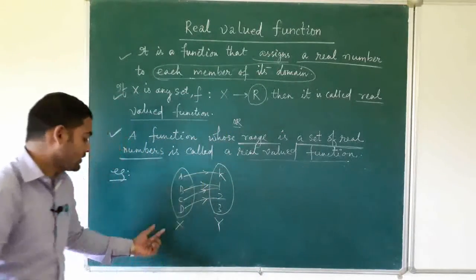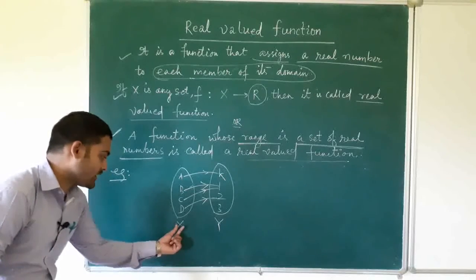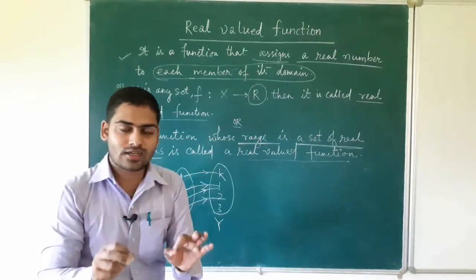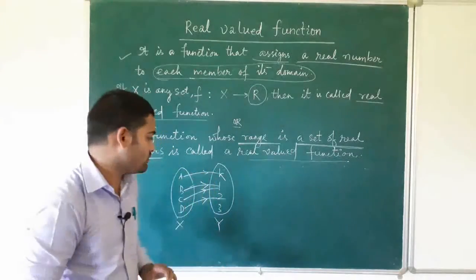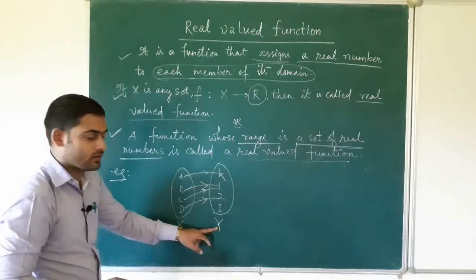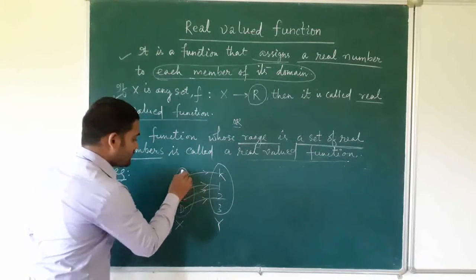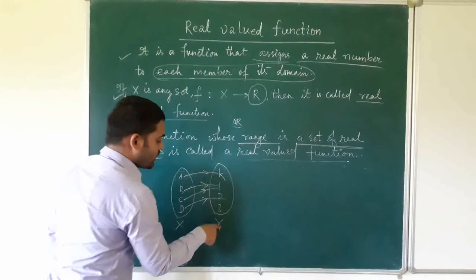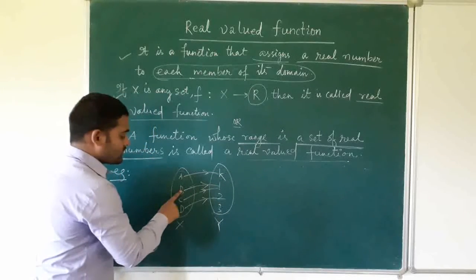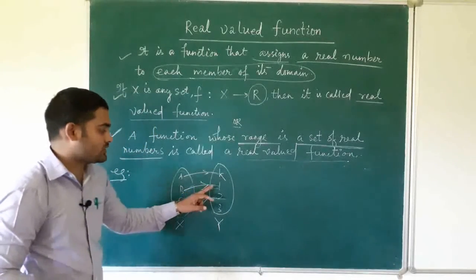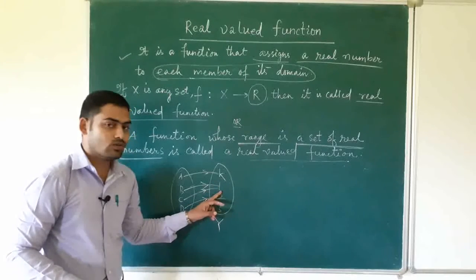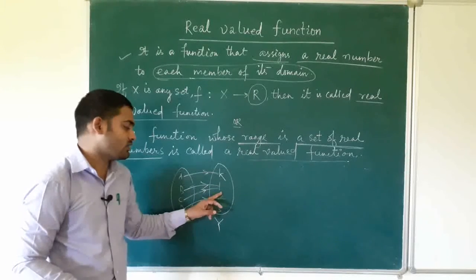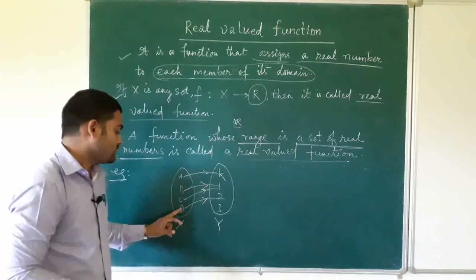Every element of set X is related to exactly one element of Y. This element is related to exactly one element of Y, that is K. This element is related to exactly one element, that is 1. This element is related to exactly one element of Y, that is 1.